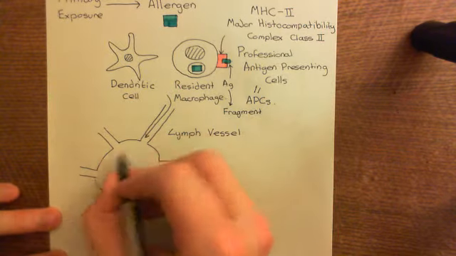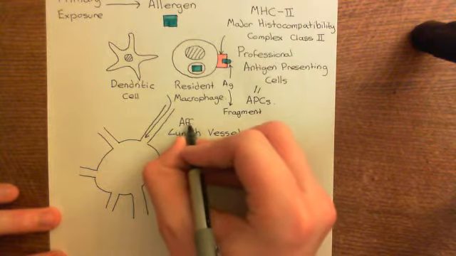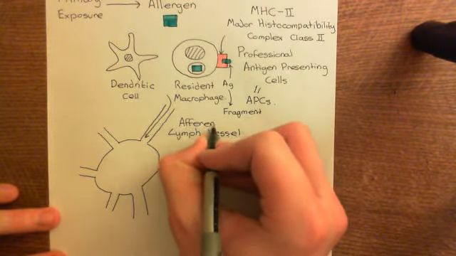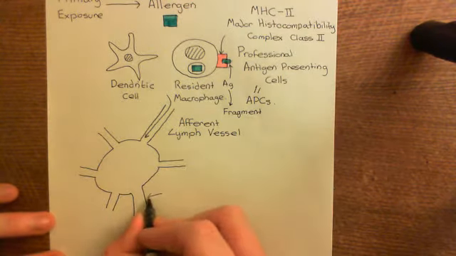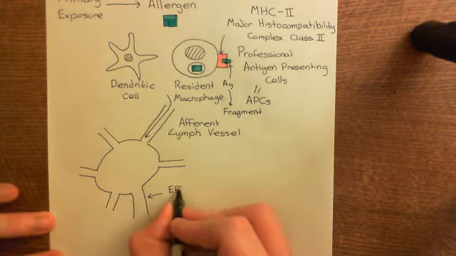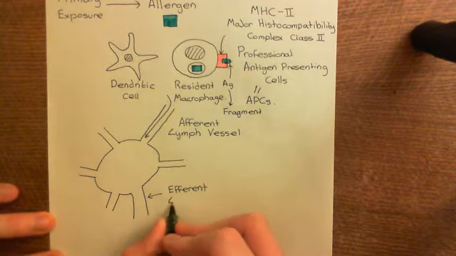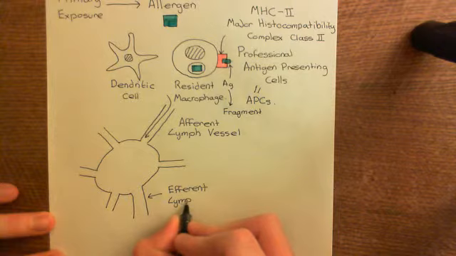So all of these five, these small ones, these are what are known as afferent lymph vessels, whereas this one big vessel coming out of the lymph node, draining the lymph out, is an efferent lymph vessel. So efferent means it's going away from, afferent means it's coming into.